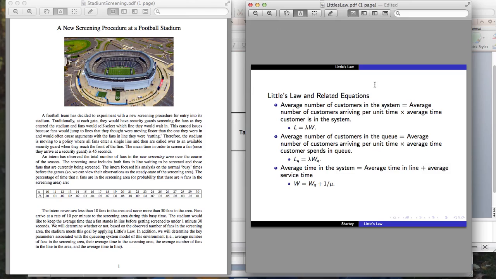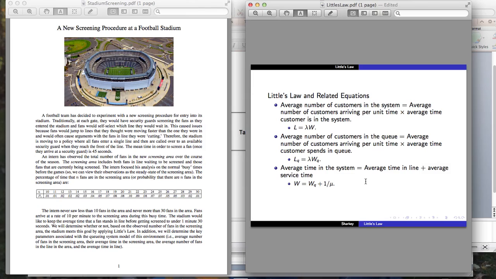So if we just focus on the queue itself, the average number of customers in the queue is equal to the average number of customers arriving per unit time times the average time a customer spends in the queue itself. And then one nice logical relationship is that the overall time in the system is going to clearly equal the average time you spend in the queue or in line plus your average service time.